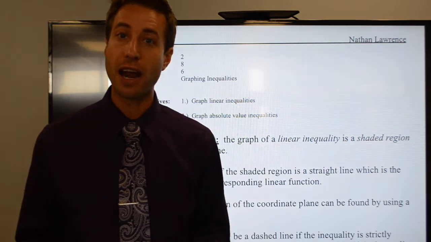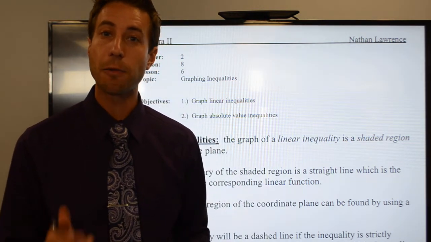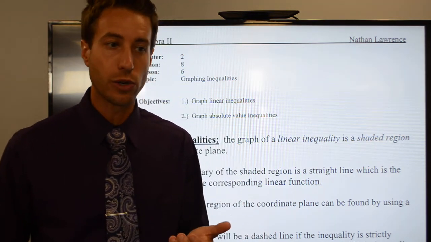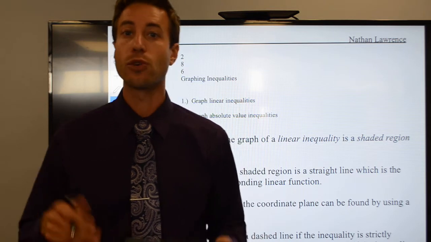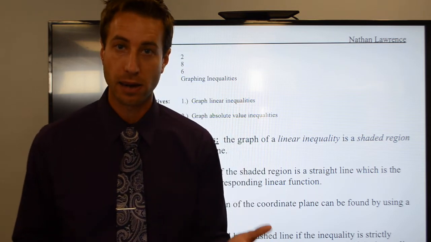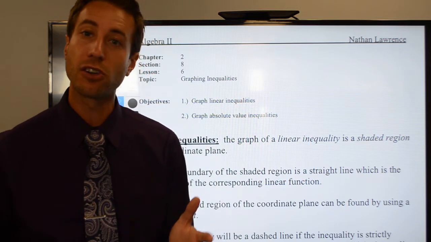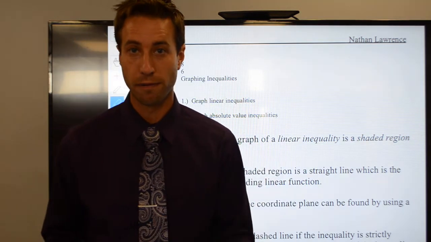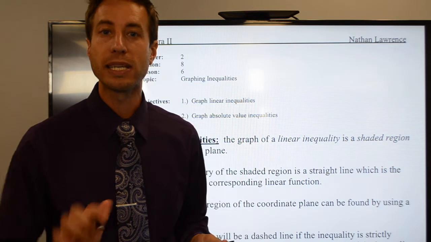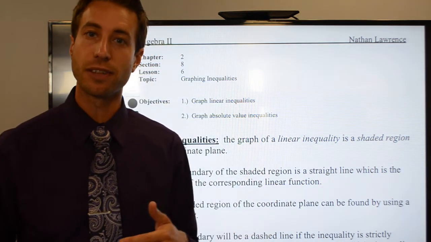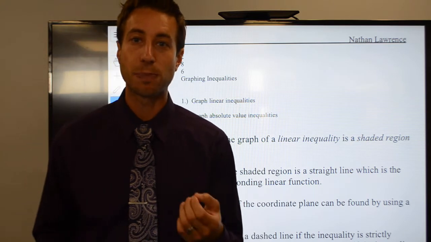And then from there, we looked at parallel and perpendicular lines. What do you do when you're given a linear function and you're asked to find a line that is parallel or perpendicular to it? We looked at all of that primarily in sections 1 through 4 of this chapter. Then we made a bit of a switch, and in sections 6 and 7, we began to look at special functions.